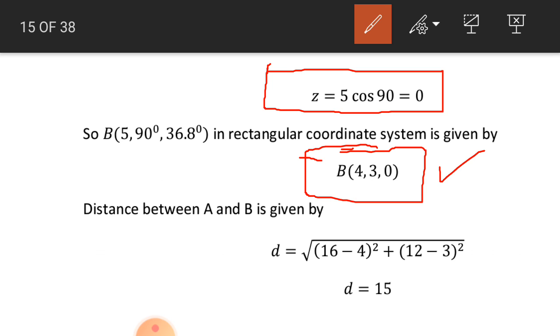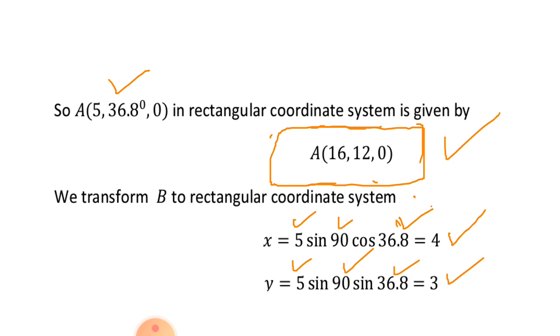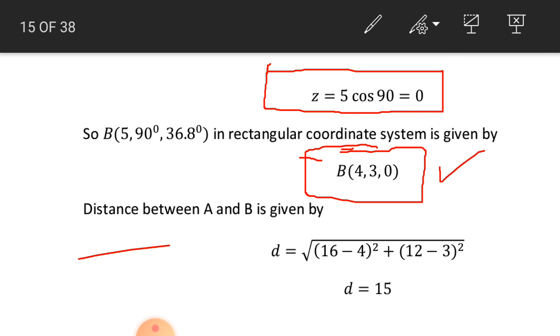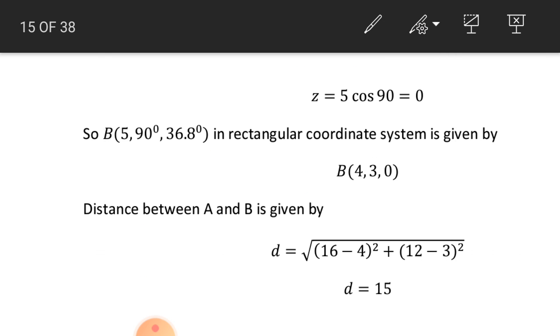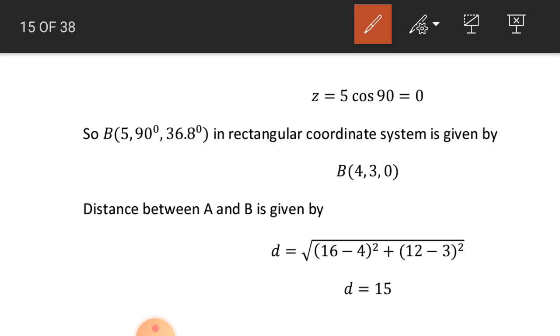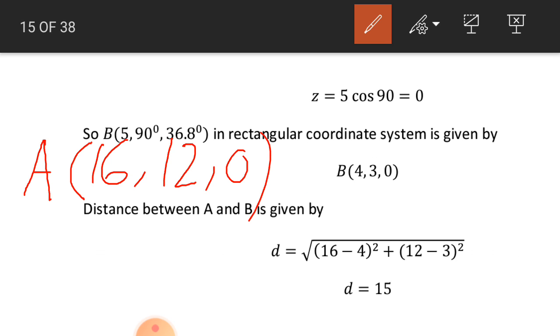So we calculate the distance between these 2 points. Let us consider A. Where is A? A in rectangular coordinate system is 16, 12, and 0.